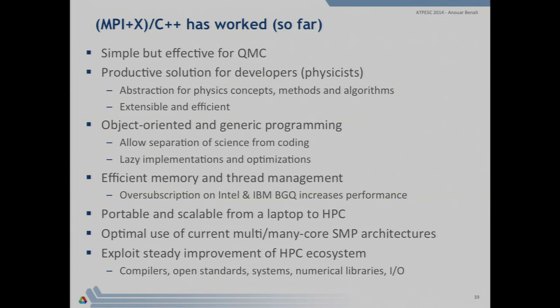So basically, so far for quantum Monte Carlo, it's a simple way, even if it did not sound that simple, to do QMC. Having MPI plus either OpenMP or CUDA gave us really good solutions to be able to do abstraction of the physics concepts. It's extensible and efficient in the sense that we can always increase the number of ensembles that we have, and it will almost linearly reduce the time to solution.